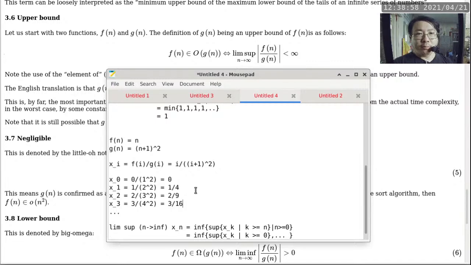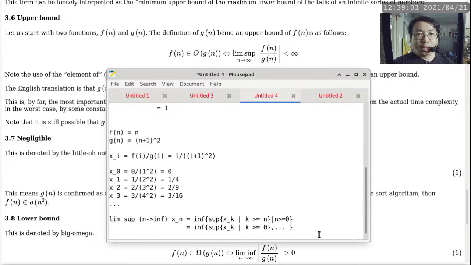Nope. Okay, so that means 1/4 is going to be the answer to this one, right? So now we have the infimum of 1/4. What about the next one, when k is greater than or equal to 1? Well, that's 1/4 too. And because this is a set, we only get one of them in here.